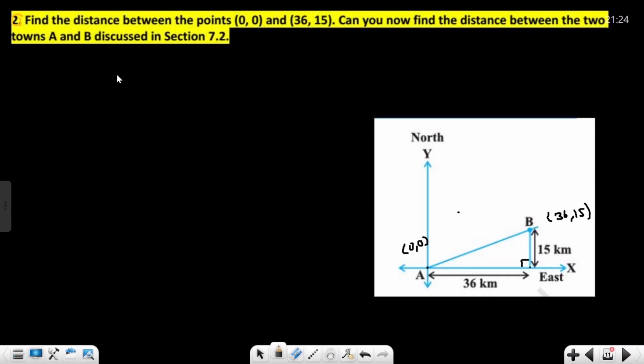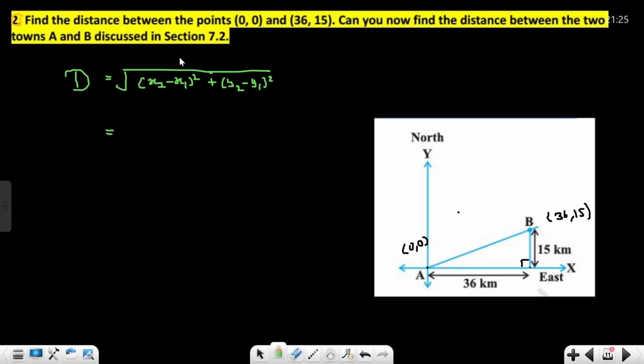The same thing happens here. The distance formula is root of x2 minus x1 square plus y2 minus y1 square. Okay, now pause the video and try to solve it yourself.